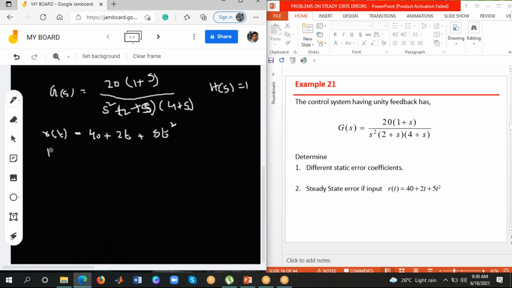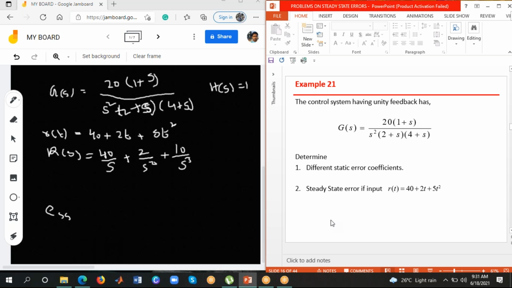If we apply the Laplace transform to this, then you will get R of s is equals to 40 by s plus 2 by s square plus 10 by s cubed. Then find the steady state error E of s value, ESS value.